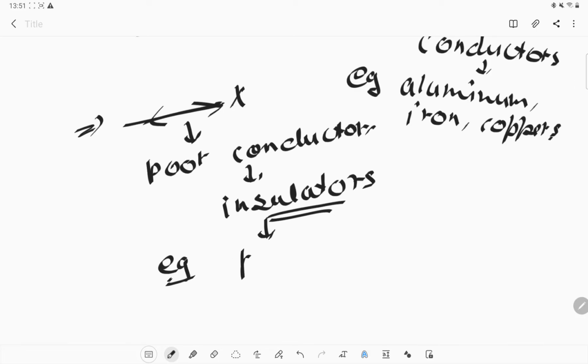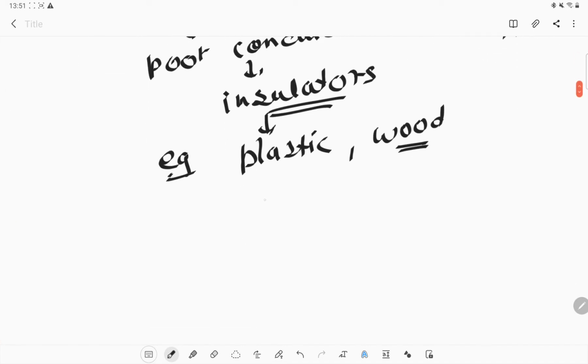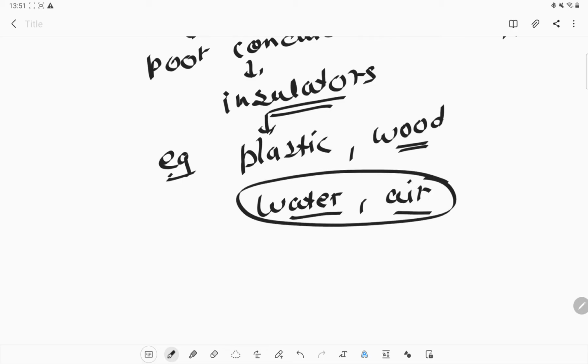For example, plastic is a poor conductor, as well as wood, which is also a poor conductor of heat. What else? We can also say that water as well as air is a very bad conductor of heat, but still air gets hot and water gets hot. How is it possible?